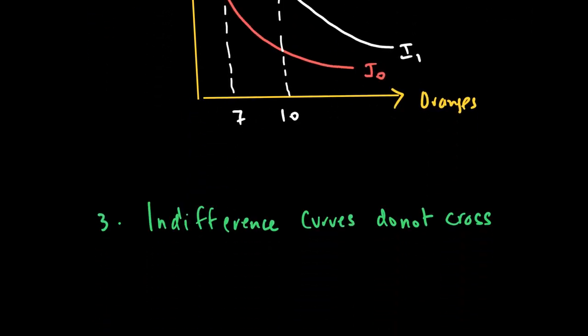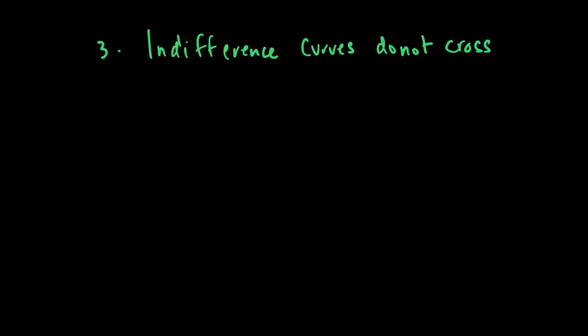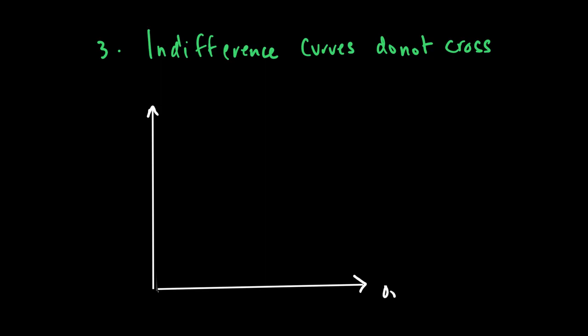Similar to this thought is the third one, which is that indifference curves do not cross. When we say indifference curves do not cross, I want to show you first why crossing may be problematic for us. So let's say we have a diagram with oranges and apples, and let's make the indifference curves cross to see why.